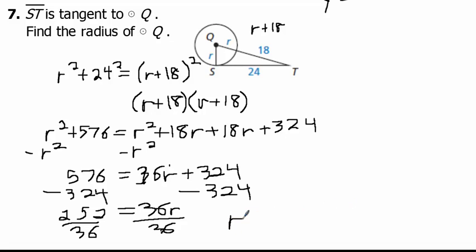And we get a radius of 7. Okay. So the setup is a little bit tricky. They do simplify nicely because of the r squareds canceling on both sides.